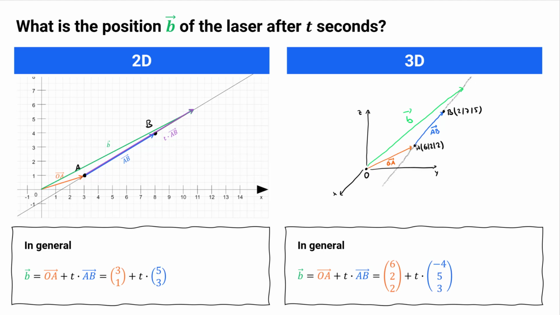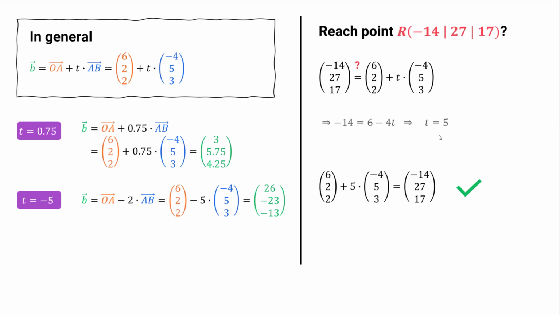And this gives us the equation of this line. Now, again, in summary, that's the general equation that describes the position of the laser in space mathematically. And we can then have a look at a couple of different questions.